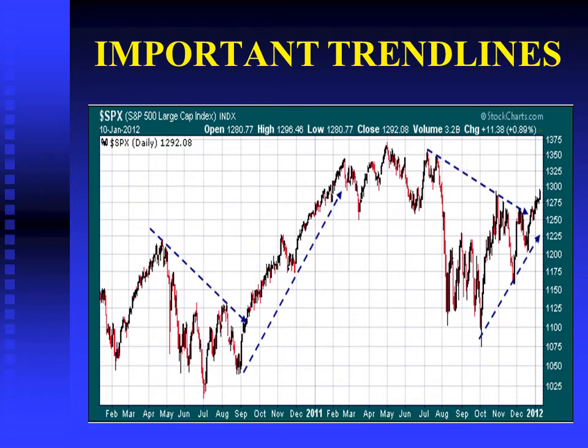This chart shows the graph of the S&P 500 for the last 2 years, 2010 and 2011. The important thing in drawing trend lines, in my humble opinion, is that the longer the time covered by the trend line, the more important that trend line is.